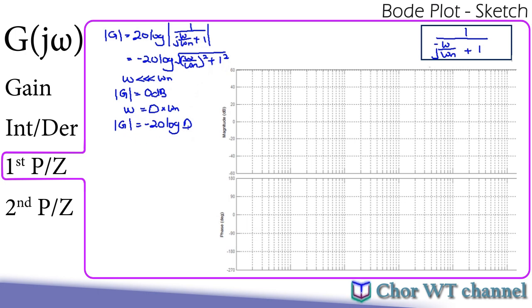So we can say that this term will transform into a drawing of approximately negative 20 dB per decade as well, similar to the previous example.